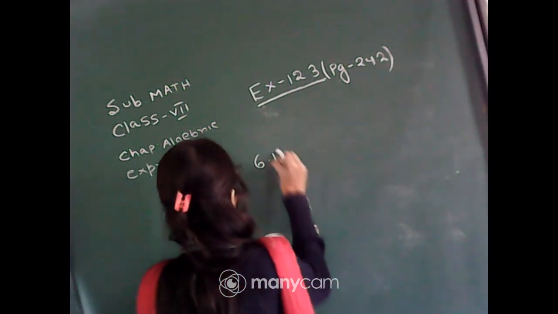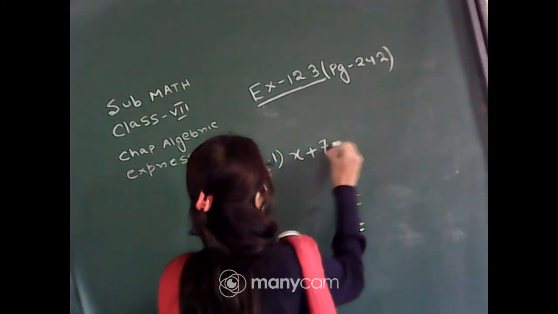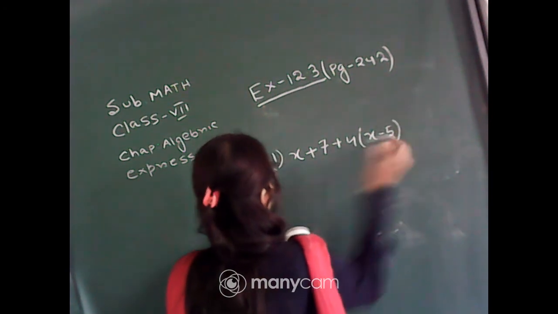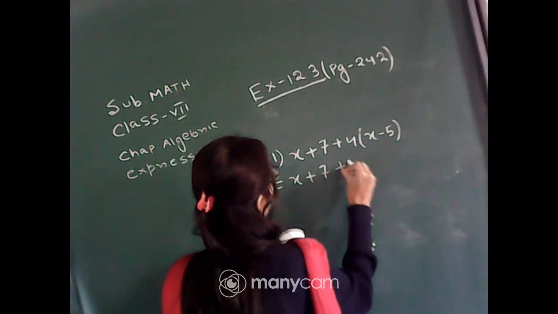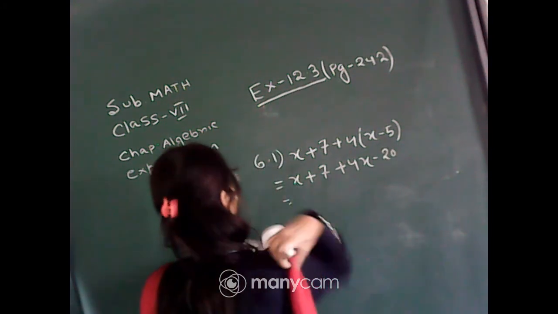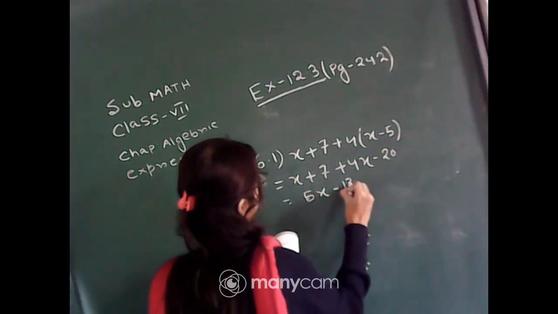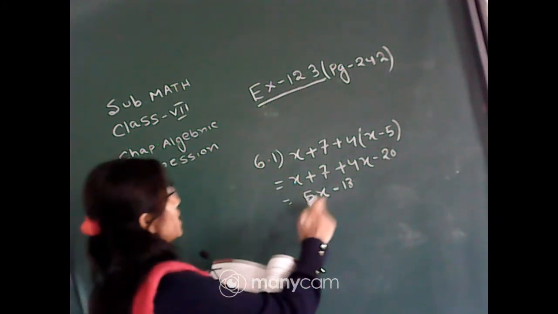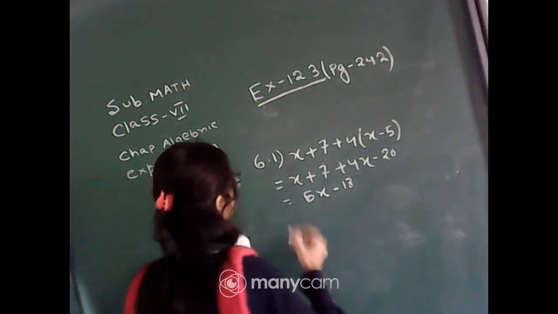Here the given expression is x plus 7 plus 4 into x minus 5, and this is equal to x plus 7 plus 4x minus 20. Therefore, by simplifying we get 5x minus 13. Now, we will put x is equal to 2.